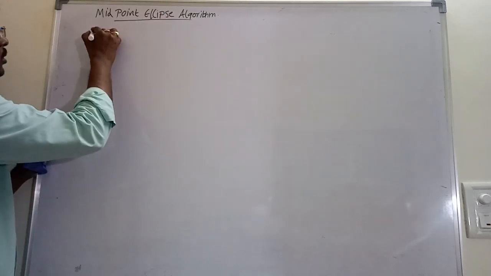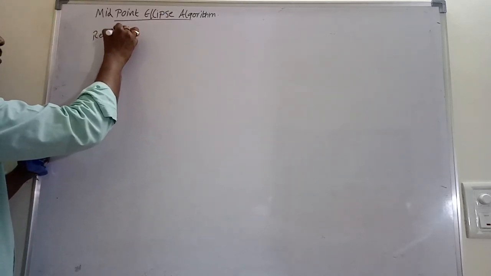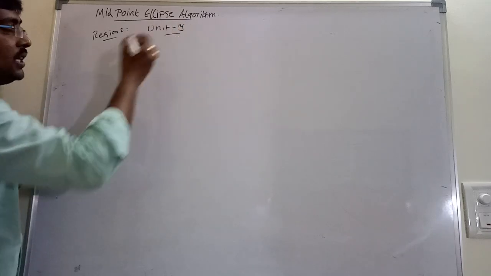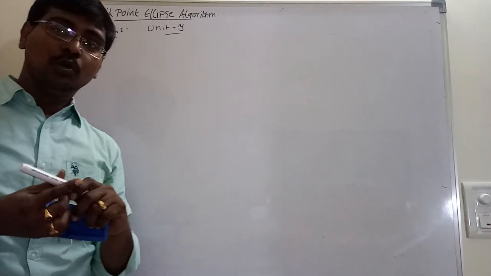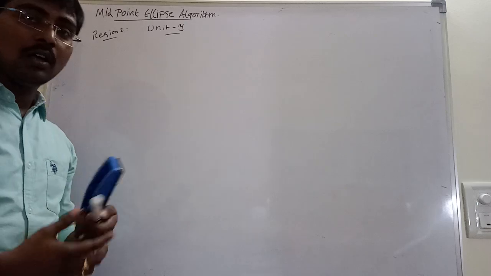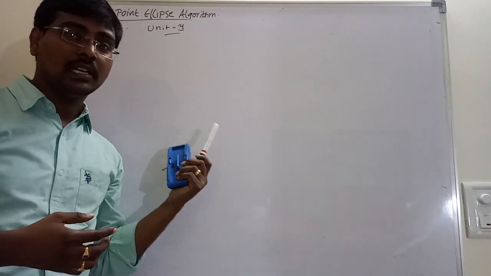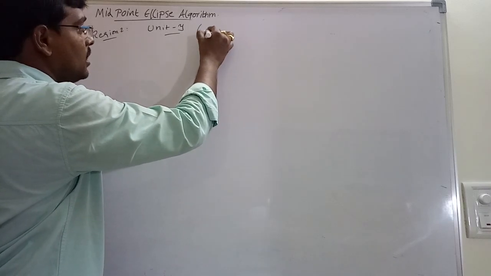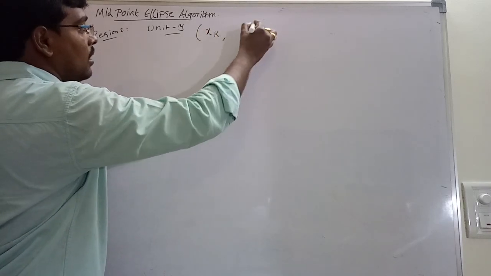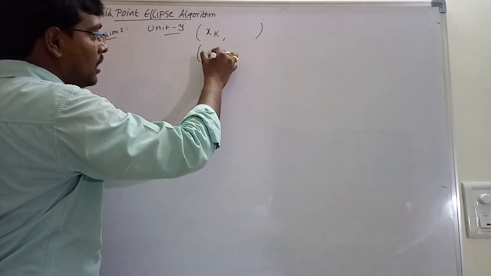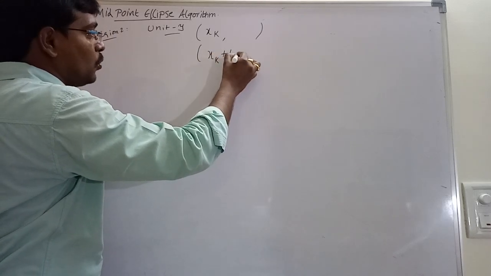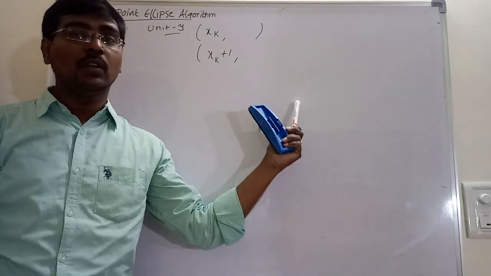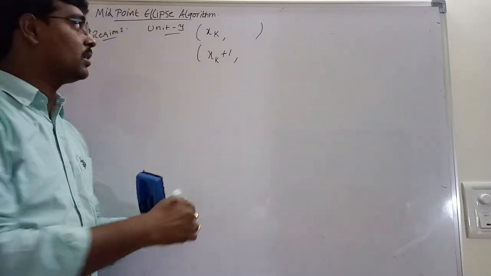In region 2 we are considering unit y intervals. Unit y intervals, that means we have to identify the next x coordinate. So the next x coordinate is either xk or xk+1. So the y coordinate is fixed, that is each time the y value is decremented by 1.